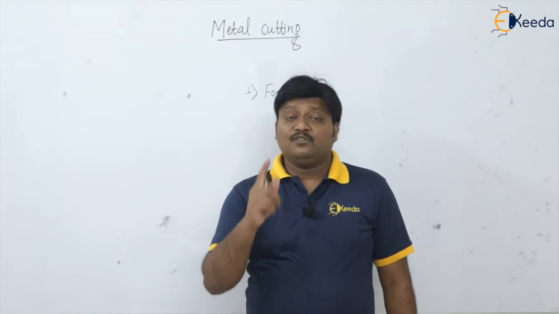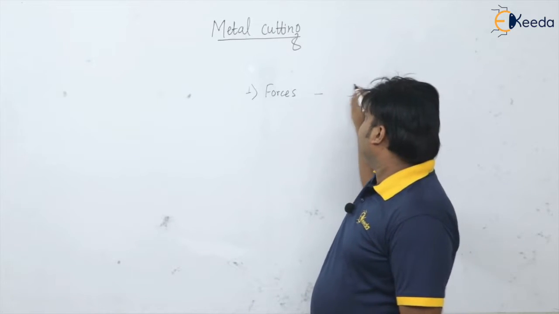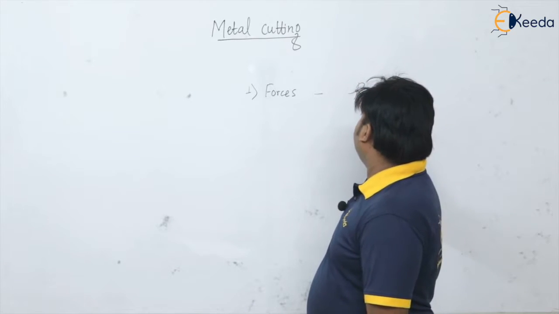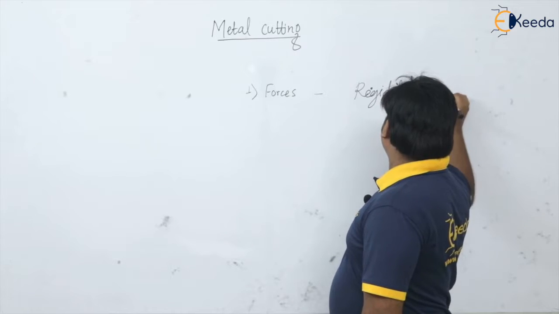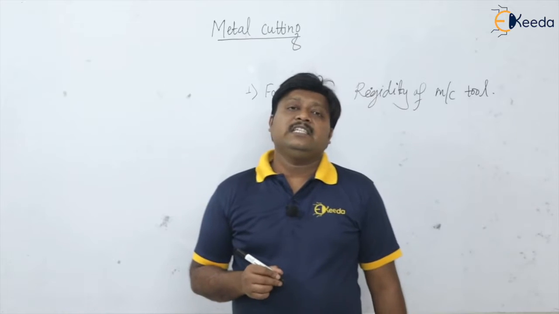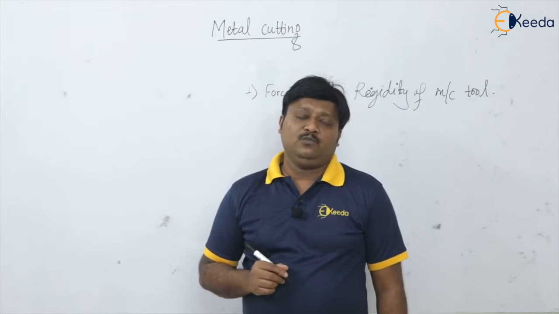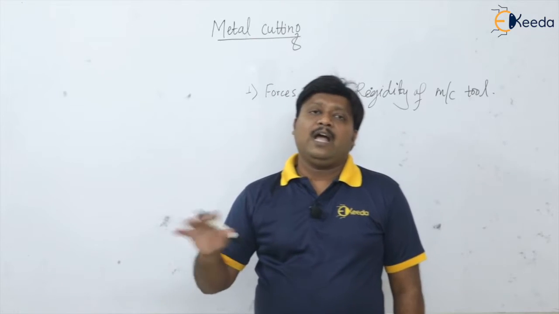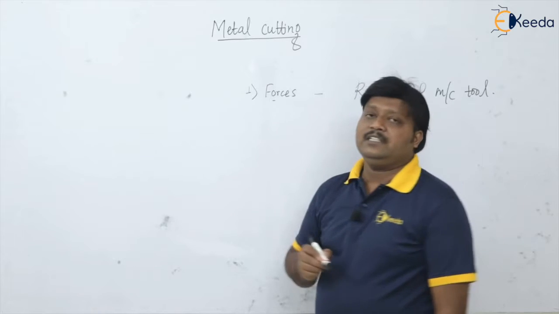So the first thing is that by knowing the forces we can get the rigidity of the machine tool, and on that basis we can have the required rigidity, based on the cutting forces.